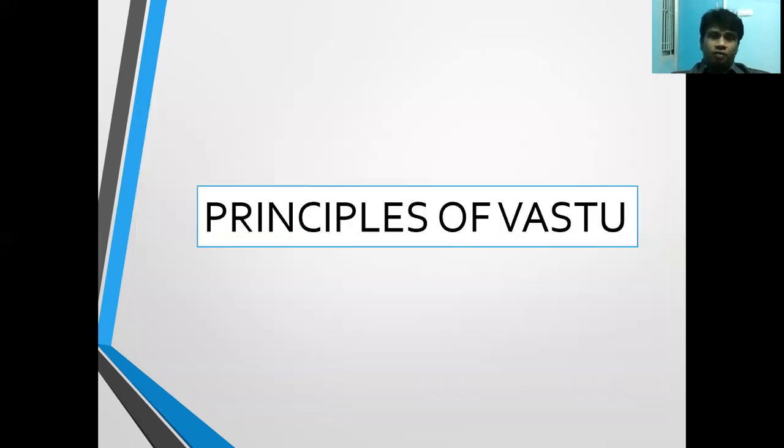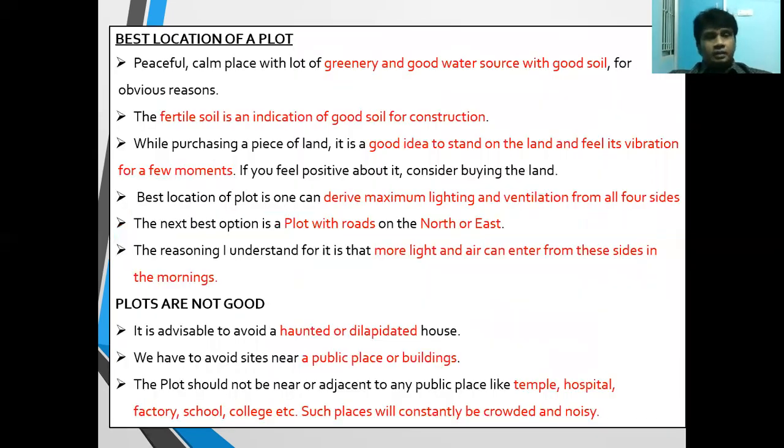Then the principles of Vastu. First of all, in the principles of Vastu, you are going to select the best location. When you are going to construct your home, you want to choose good fertile soil for the construction work. If you choose clay soil, when construction is going on clay soil, the foundation settles unevenly in the clay soil, and in future some cracks will form.